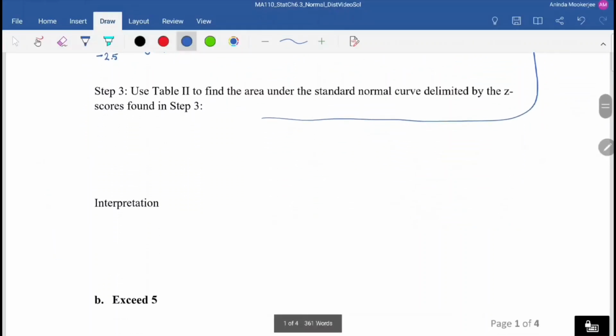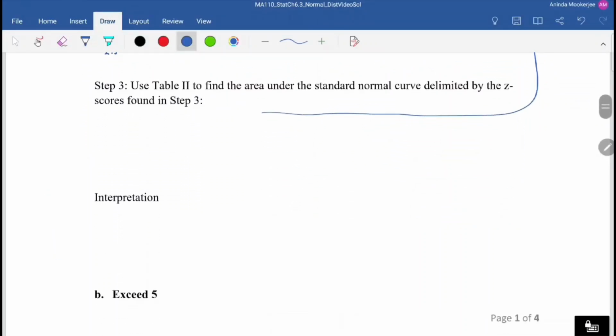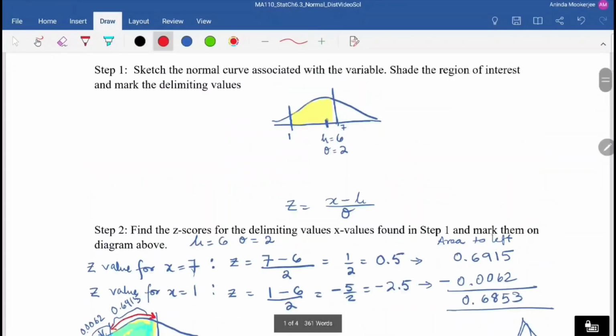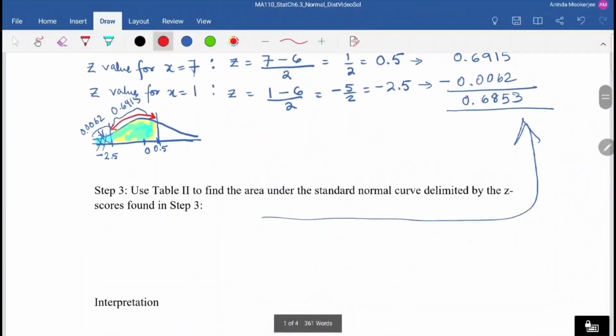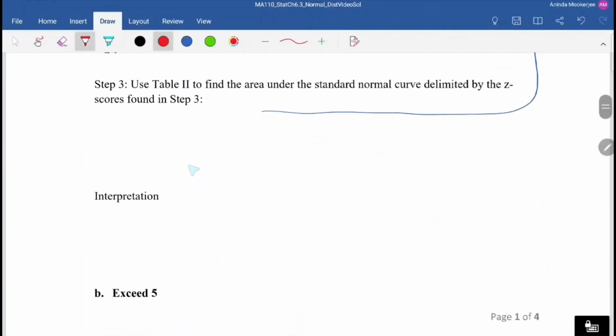It's all there. So interpretation: all statistical work has to be interpreted correctly. They had asked for percentage, right? Make sure you're answering the question. It said, find the percentage of all possible values between 1 and 7. So I'm going to write 68.53%.